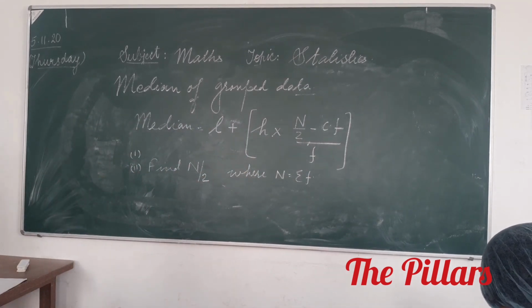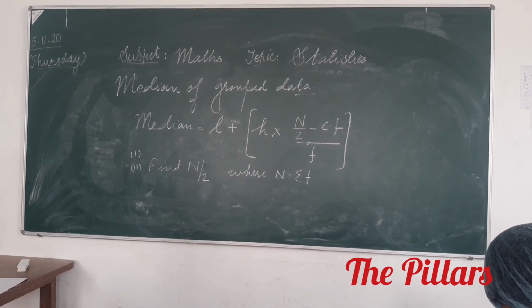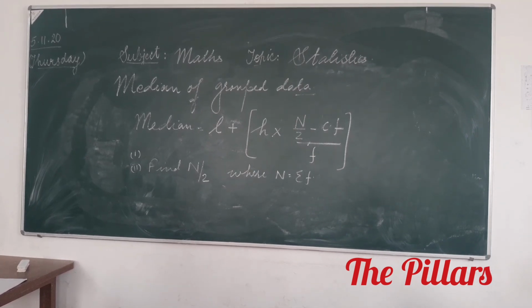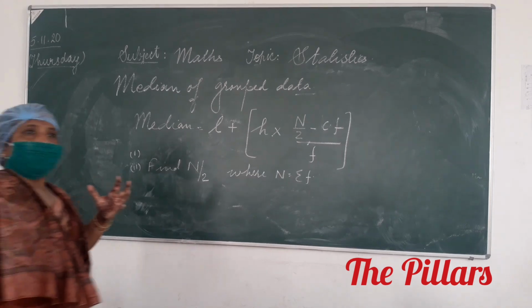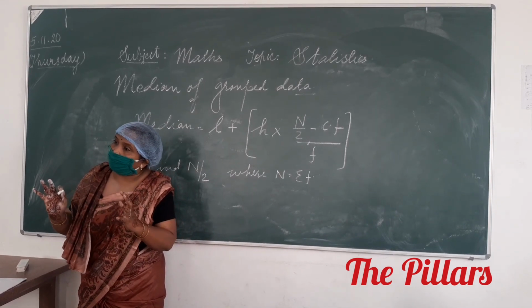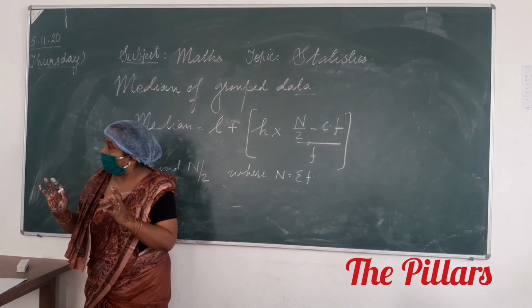To find the median class, find n by 2 where n is what? Sigma f. What is the meaning of sigma f, Archita? Sum of all frequencies. Clear to everyone?